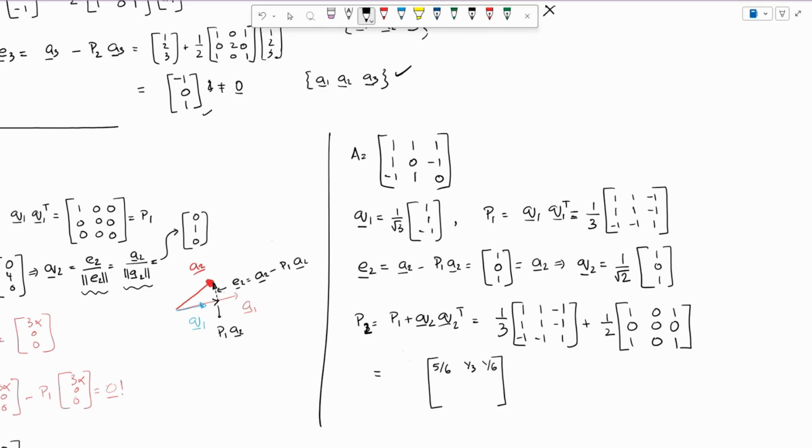Just verify. Because it's minus 1 by 3 plus half. Yes, yeah. Next. Next one is easy. Next row is easy. What about the last row?